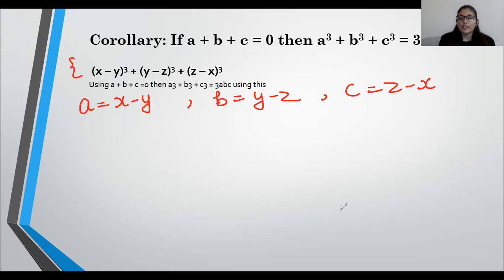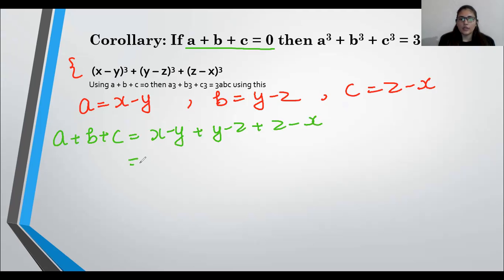Now, first let's check, are we getting A plus B plus C as 0? A is x minus y, B is y minus z, C is z minus x. So here x is positive, negative, negative, positive, negative, positive. Yes, we are getting 0. So we can apply this result.